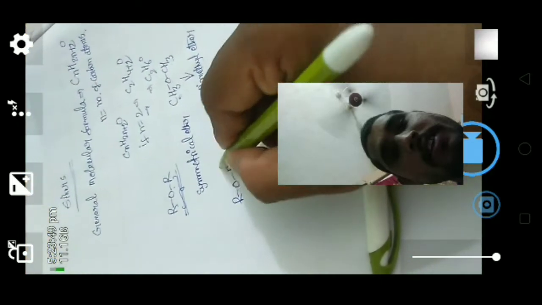Here, if the two R are the same, that is called a symmetrical ether. If these R are different, that means ROR', then that is an unsymmetrical ether.